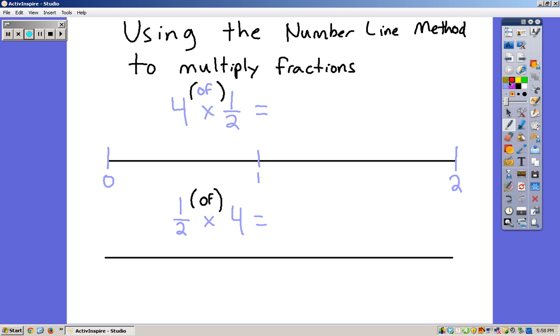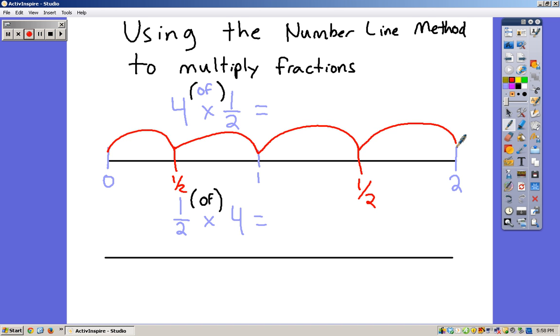And we're going to break it up into halves. We'll have 1/2 here, 1/2 here. So the answer is 4 of 1/2: 1, 2, 3, 4. So the correct answer is going to be 2 on our number line. 4 of 1/2 equals 2.